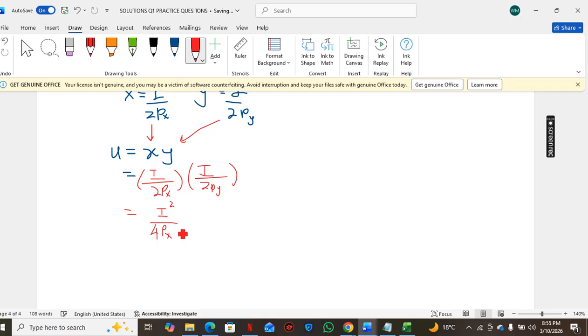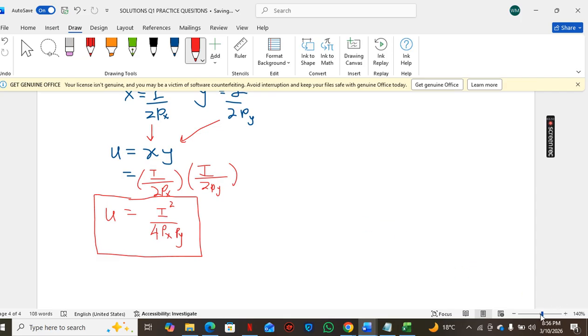Okay, so this is the expression for our indirect utility function, which is going to give us the maximum satisfaction that we'll get from the consumption of good x and y. Okay. So that is part C.